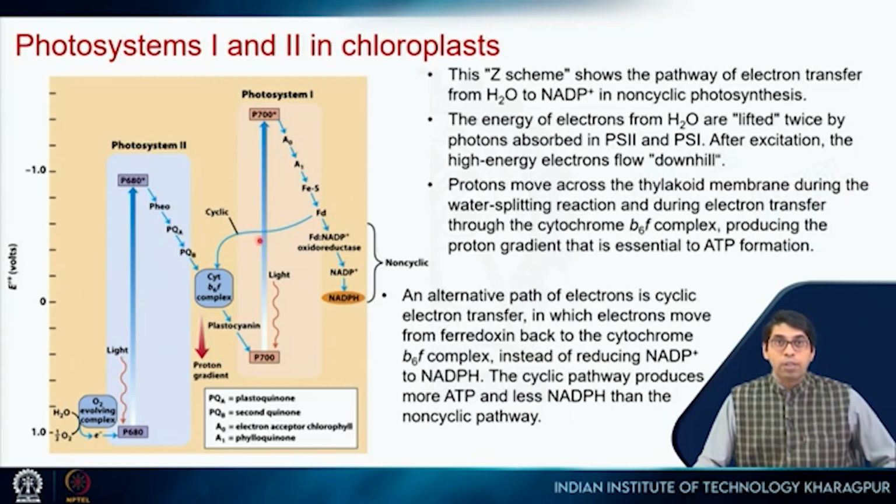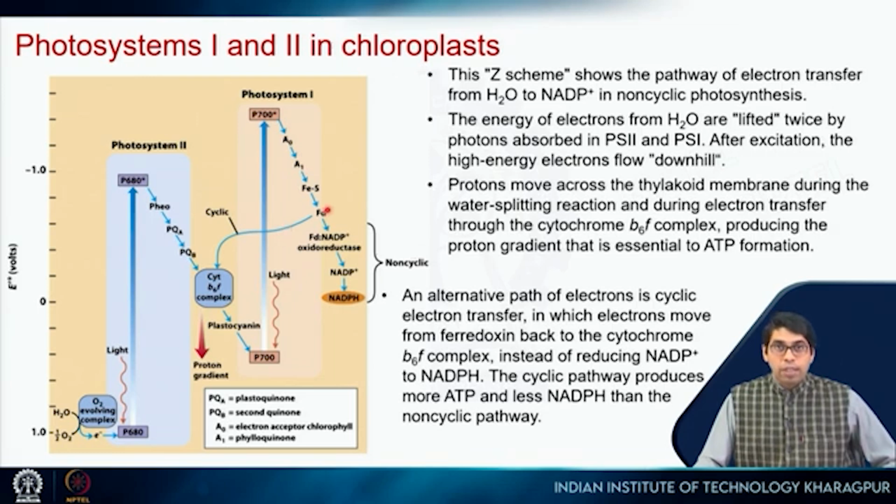So now it goes even up, and this electron is finally handed down and used to reduce NADP plus to NADPH. Okay. So the electron that originates here from the water molecule ends up in NADPH, and this NADPH will be used for ATP synthesis. This is called non-cyclic reactions, right?